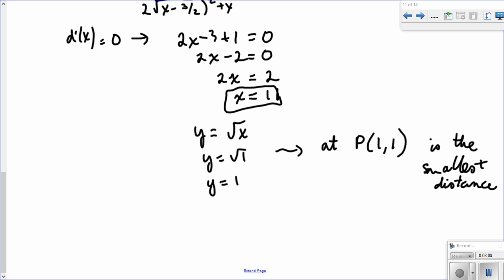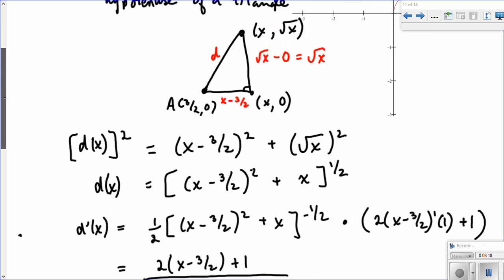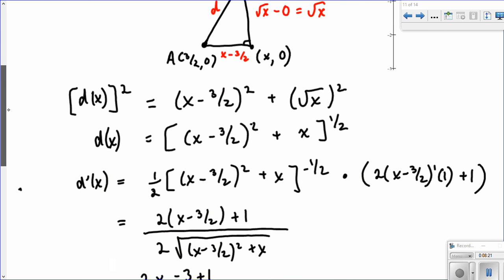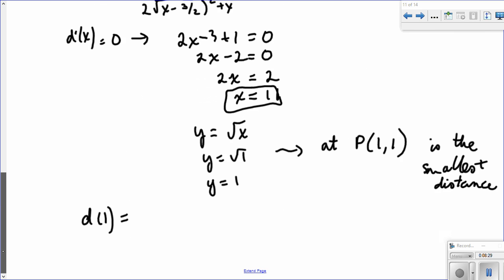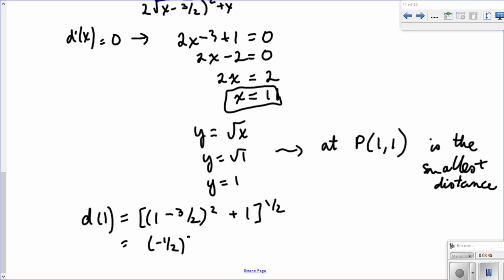Now, if you'd like to go further and actually find the distance at x equals 1, just substitute the value x equals 1 into my function of d. This one is probably better, it's already a function of d. So it would be 1 minus 3 halves, squared, plus 1, and then I'm going to take the square root of that. So what do we have here? 1 minus 3 halves is negative a half, quantity squared, plus 1.